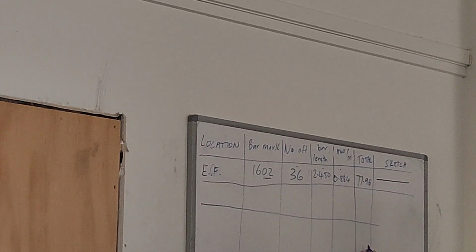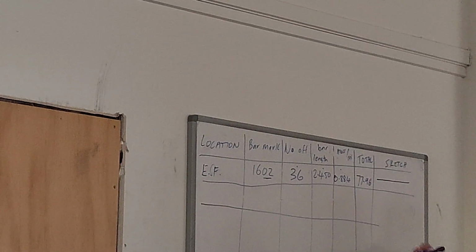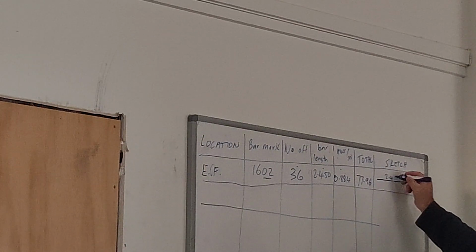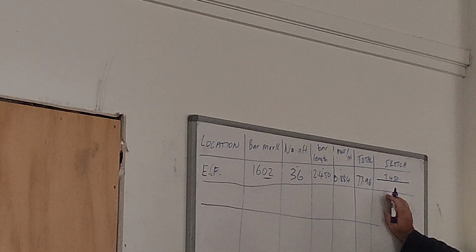I've never given anybody a mark for going to a straight bar. People leave it at that, or else I end up getting complaints coming in. What you can do if you want to make it a little bit clearer is you are allowed to put 2.450 on top of that, and that just helps the steel fixer.